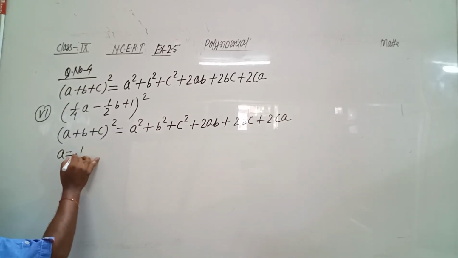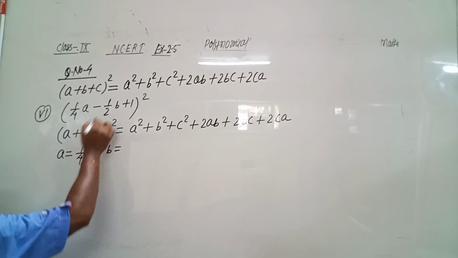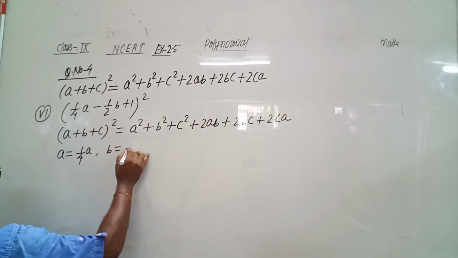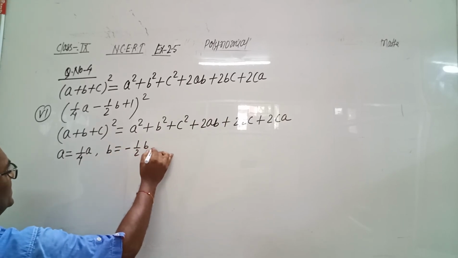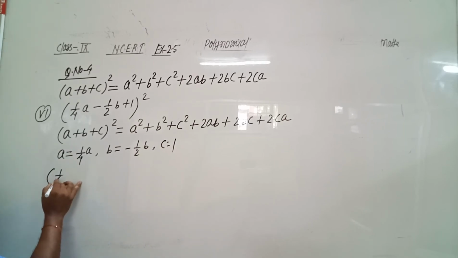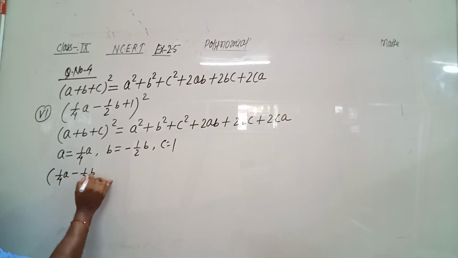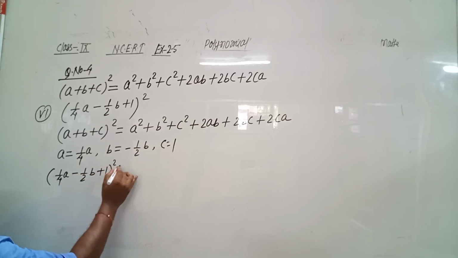The value of a is 1/4a. The value of b, we compare, is minus 1/2b, and the value of c is 1. Now put all these values. So (1/4a − 1/2b + 1) the whole square.